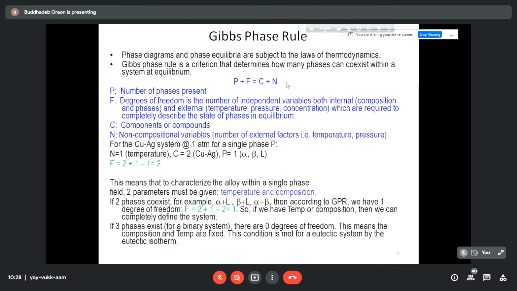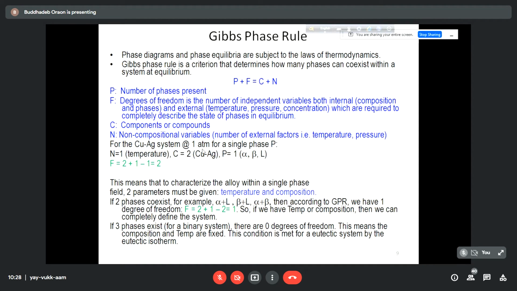Now to understand this rule, let us discuss some examples. What are the implications of this equation? That is important. Let us take an example of the copper silver system, and if we see the phase diagram at a particular pressure, here pressure is not that important, and we are considering a single phase.